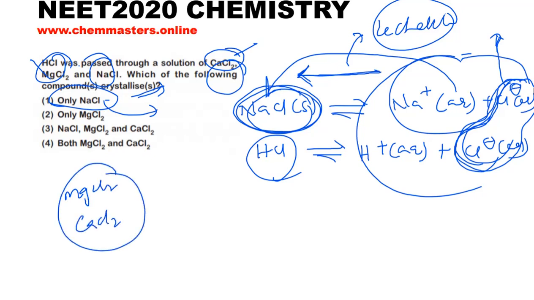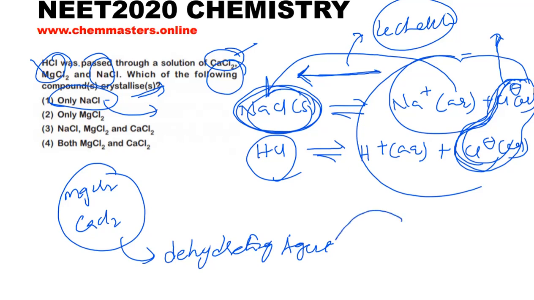So MgCl2 and CaCl2 are considered as dehydrating agents. They are strong dehydrating agents. Dehydrating agent means simply they uptake water molecules or they simply drag water molecules.